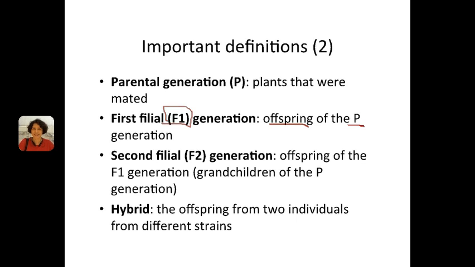Depending on what characteristic you're looking for, it takes a different amount of time to get the results. If you were looking for whether the peas are going to be green or yellow or wrinkled or smooth, then when you do that cross with the pollen and the anther, you just have to wait for the peas to form on the female plant, and then you have your results.